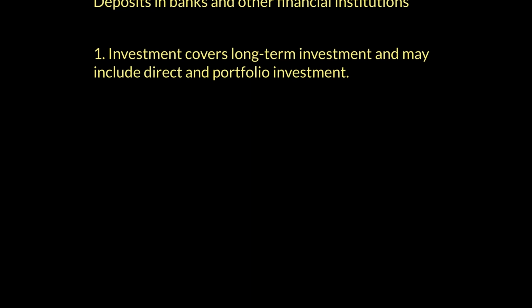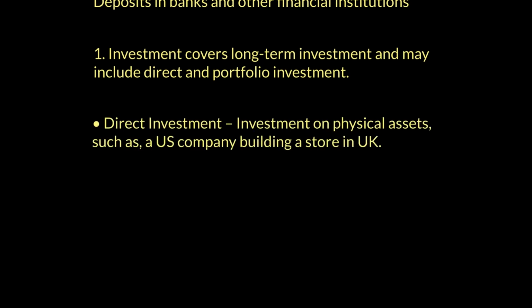So what is direct investment? These are investments made primarily in physical assets, for example, a US company buying a store in the UK. If Apple the company decides to open a store in the UK, that is direct investment.